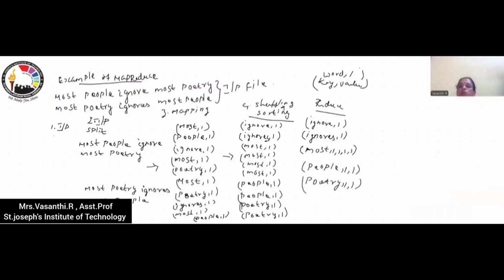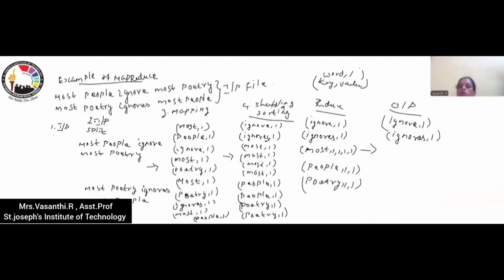Finally, it produces the output. Here, the word ignore, how many times does it occur in the document? One time. Ignores also one time.